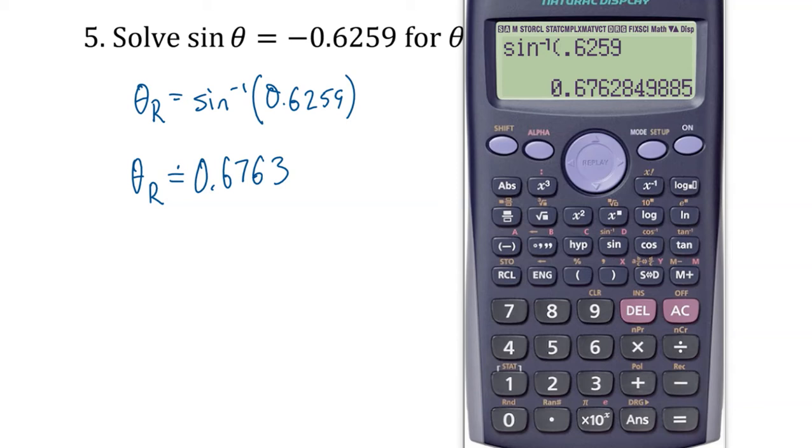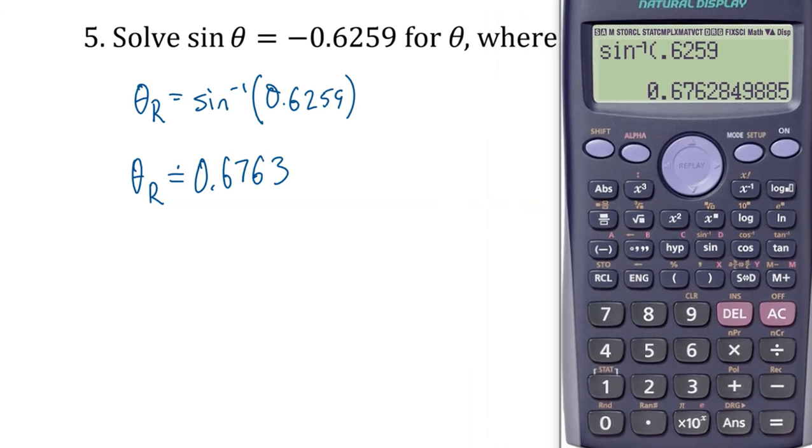This is where the sine comes in. And I mean this sine, not that sine. Here we use the CAST rule to see that it's sine and it's negative, so it's quadrants 3 and 4. So we already did this one.